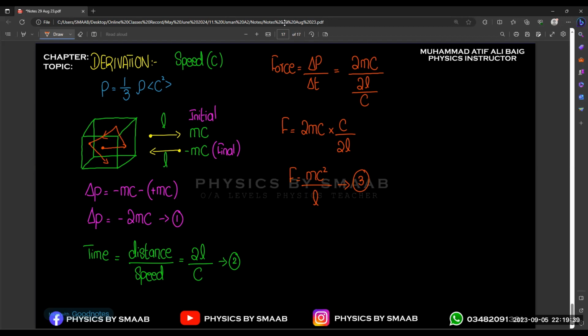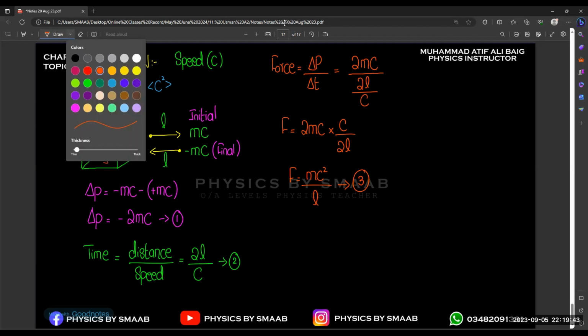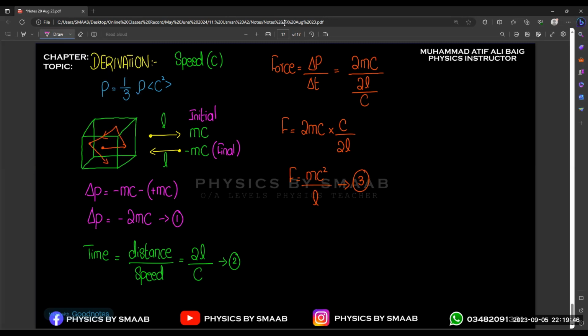Now we know that when force is applied on any surface, there will be a concept of pressure. Pressure is equal to force per unit area, right? So the next step is related to the pressure. The value of force is already calculated.